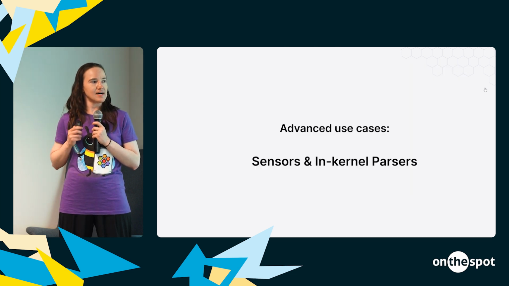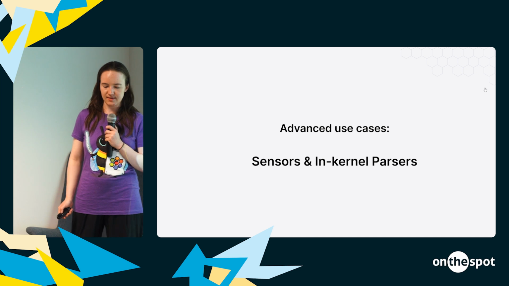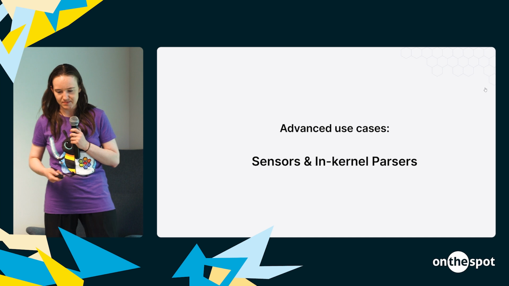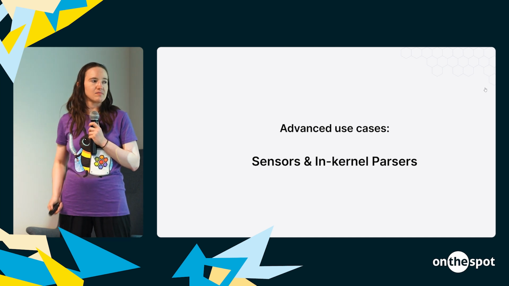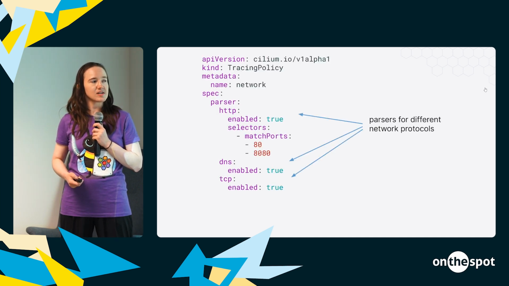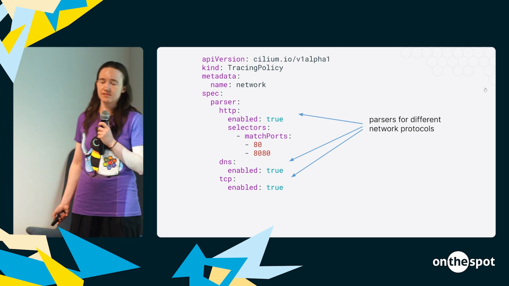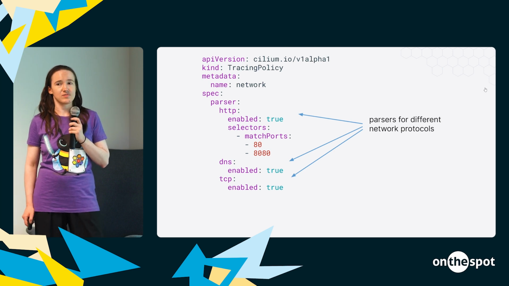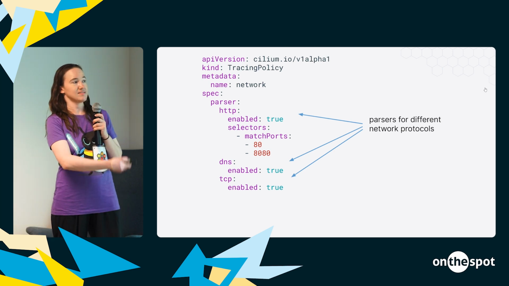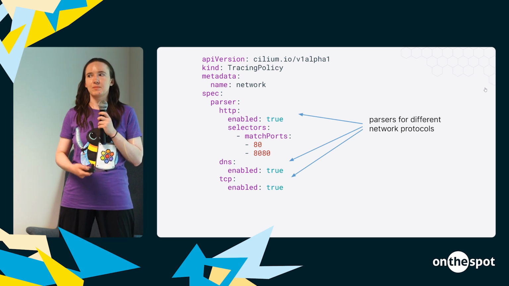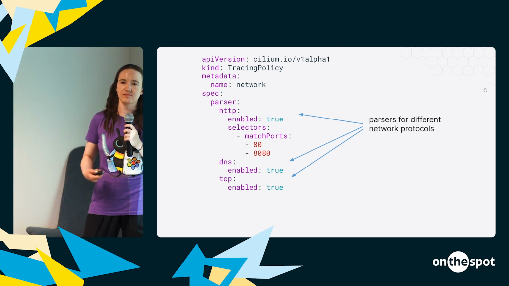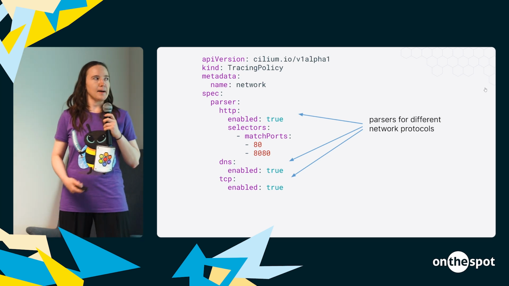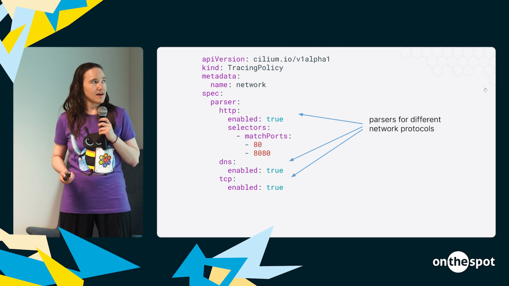All right. Advanced use cases, which we develop at Isovalent in the enterprise platform, are mainly in-kernel parsers for network protocols, which are also configured via tracing policy. So you just define which network protocol you want to observe and enable it. You can also choose what telemetry data you want to get for this protocol, for example, events or metrics or both. And you are just getting it.